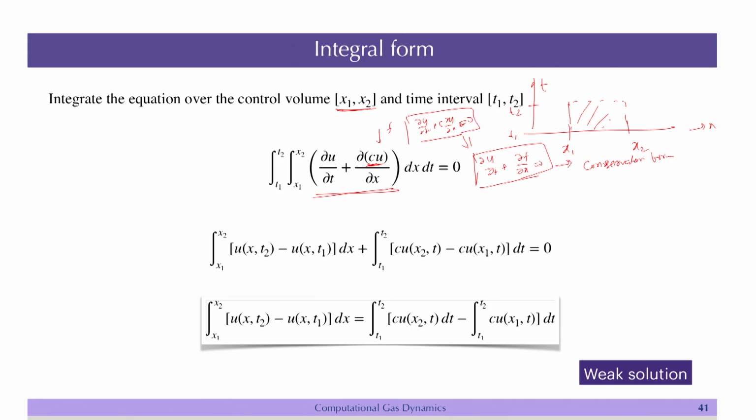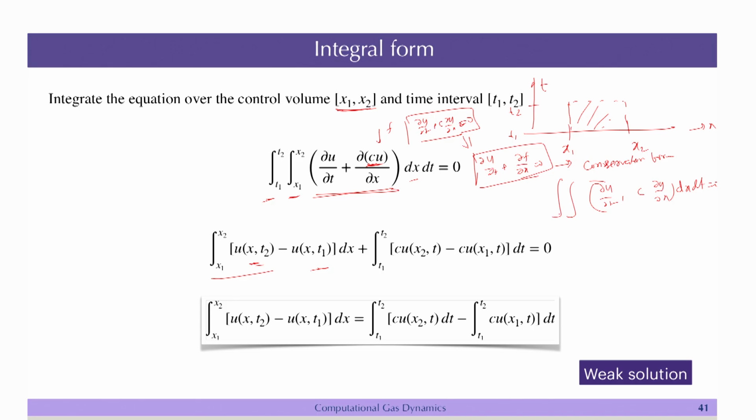Once you integrate it over a distance and over a time, and use the regular theorems in calculus, you basically put the values in. When you are integrating in x, you put the values of t2 and t1 and integrate in x. So, what is happening is that del u by del t plus c del u by del x, dx dt, equals 0, and then you are integrating it.